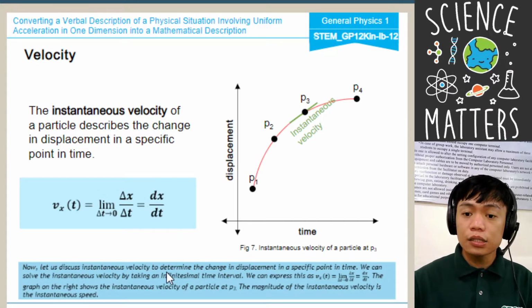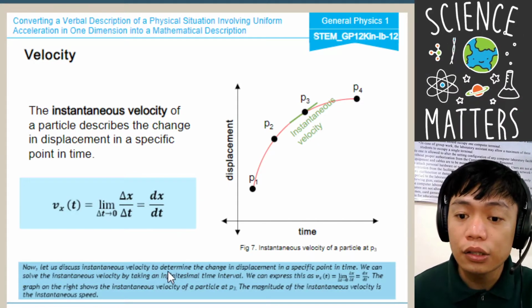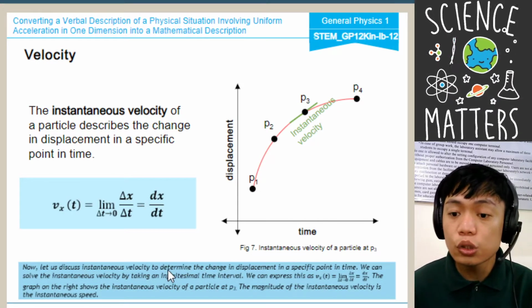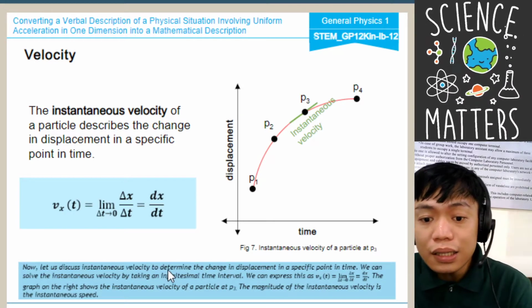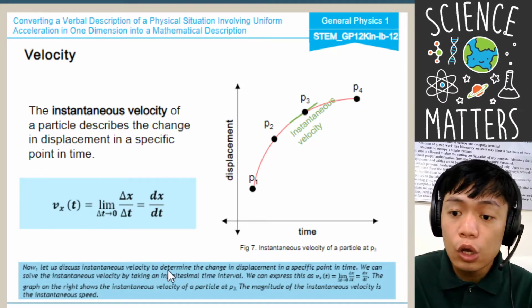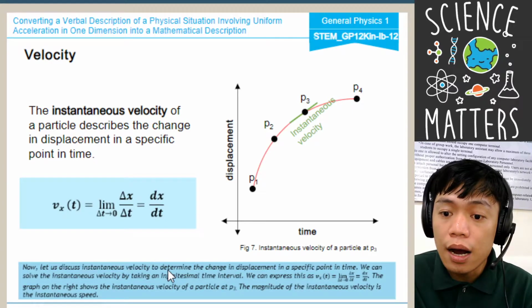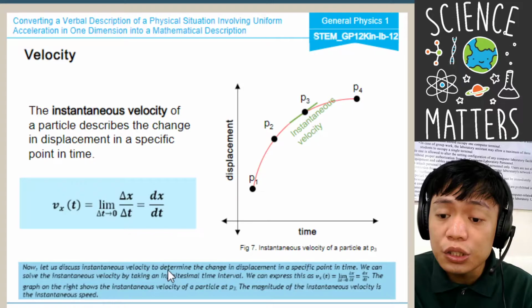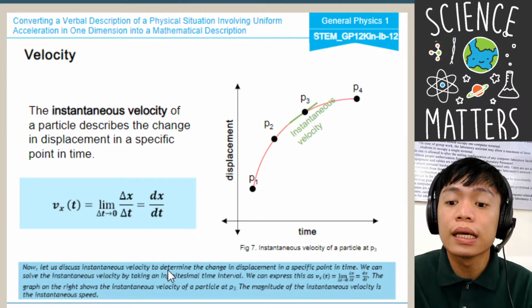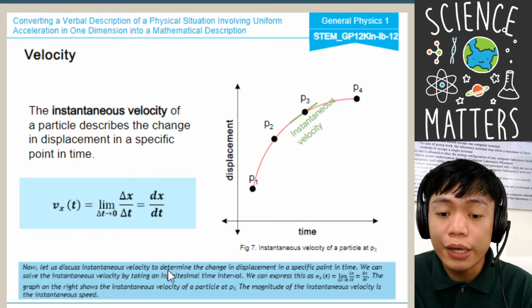So next we have the instantaneous velocity. So it is a part of velocity which, in terms of a particle, describes the change in displacement at a specific point of time.